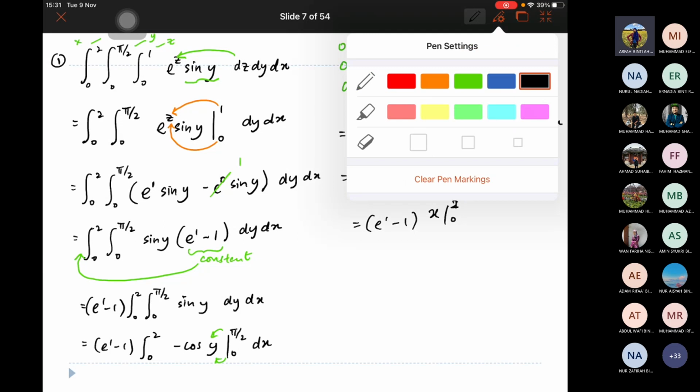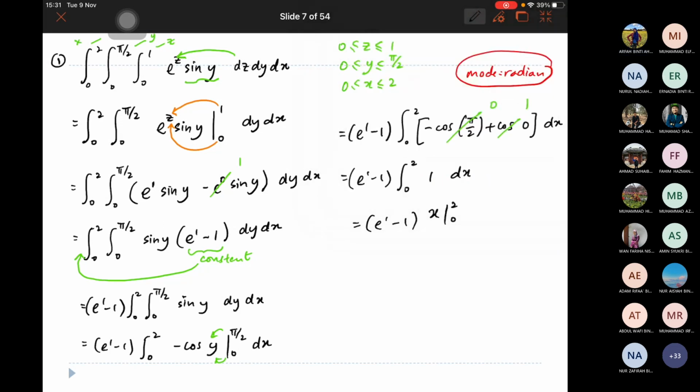Okay. From 0 up until 2. So, dia akan dapat sama dengan 2 exponential 1 minus 1, atau sama dengan 3.4366. So, itu adalah dia punya jawapan akhir.